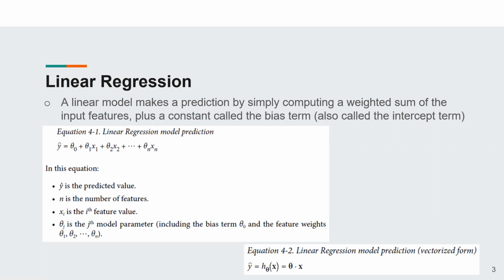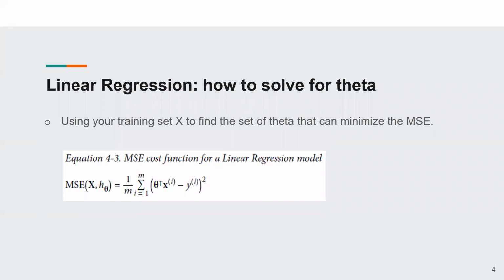And then you could use theta dot x to be the vectorized form, to be the predictor for y. In linear regression, we're trying to find a theta that would be able to minimize this quantity, mean squared error, MSE.